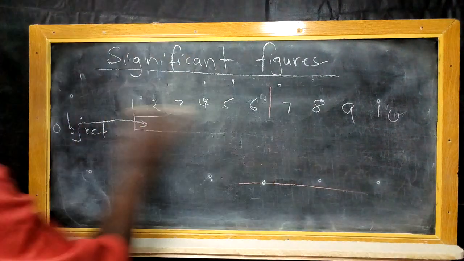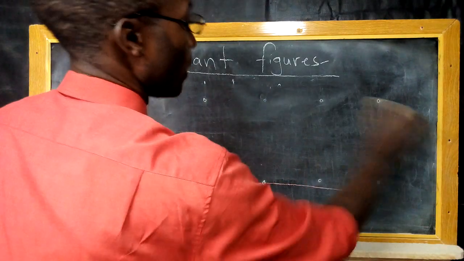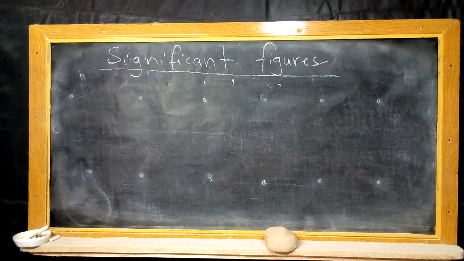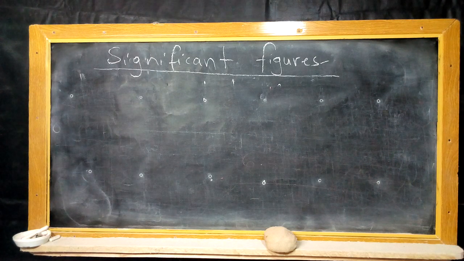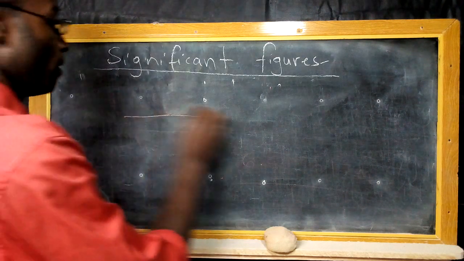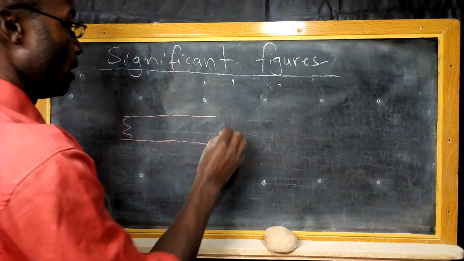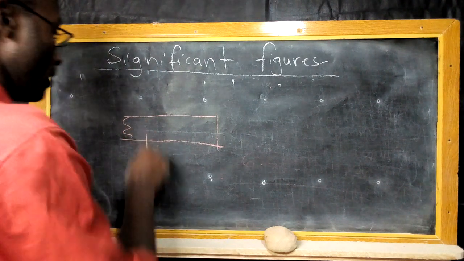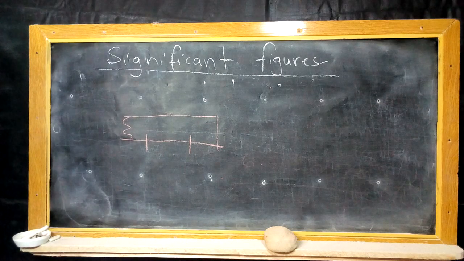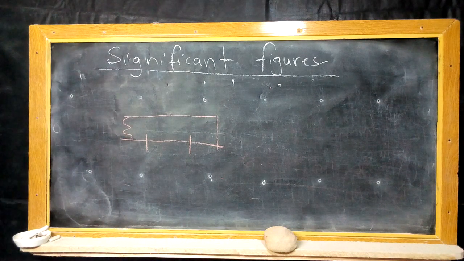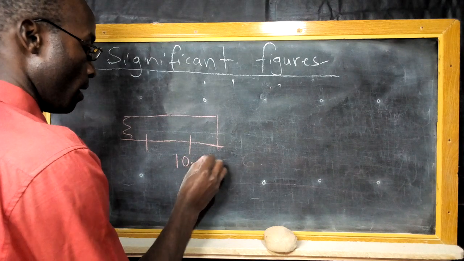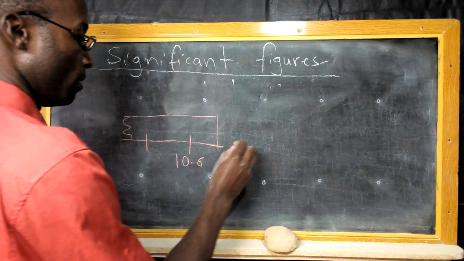And then let's look at another one. We can have another example, of course, of this reading that is to 1 decimal place. Suppose I have maybe another object that is etched against a scale, which is of course now having a higher accuracy.